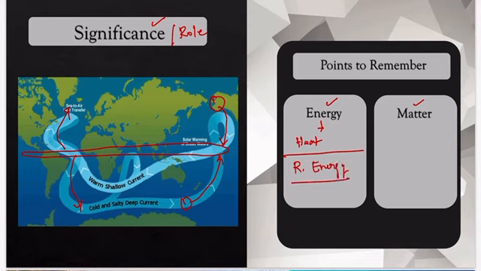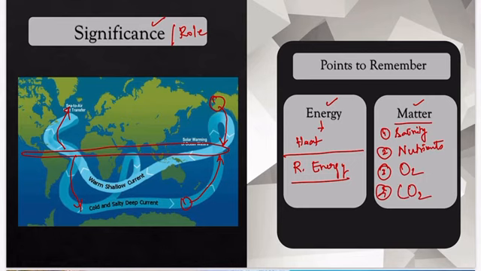And after that, it is also helpful in the redistribution of matter, either salinity or nutrients or gases such as oxygen or carbon dioxide, right? So in doing the redistribution of matter, thermohaline circulation is also very important for the carbon cycle. Thus it influences the overall climatic condition of the Earth.